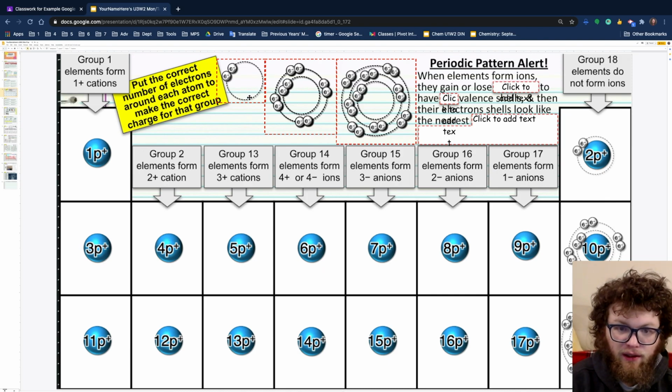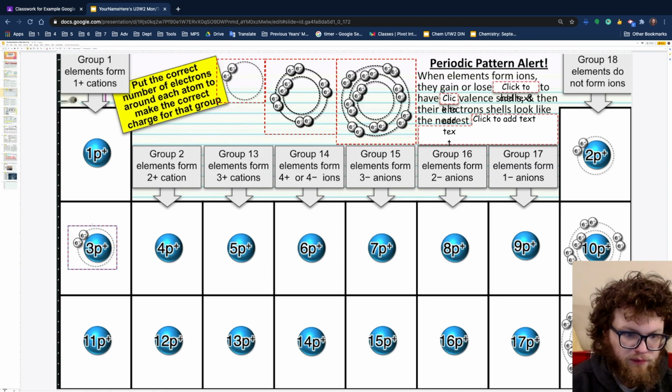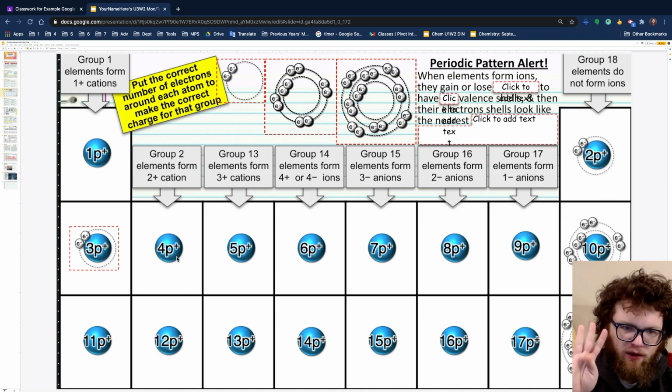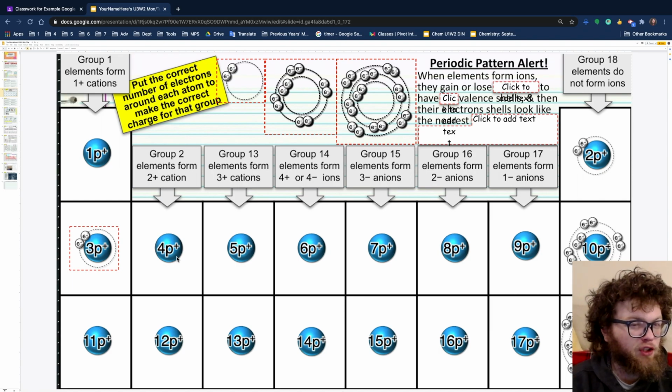Oh, we're going to need 2 electrons, so I'll grab these 2 electrons here and bring them down, and it's not going to be perfect, but we'll put the electrons around the outside as best we can. This nucleus is enlarged just so that we can read it. All right, group 2 elements form a 2+ cation. So if we have 4 positive charges in the middle, positive charges need to win by 2. How many electrons are we going to need?